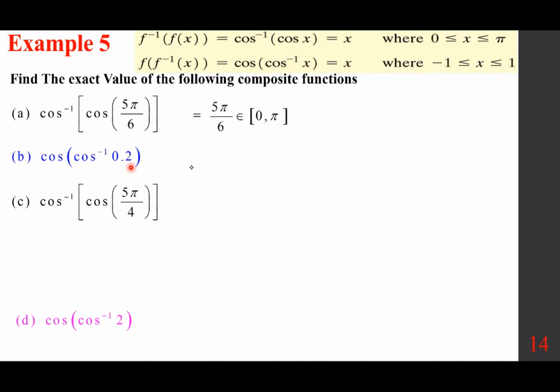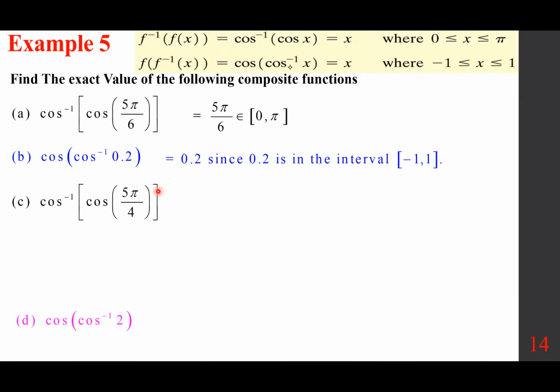Point 2, the same thing. In this case, point 2 is between -1 and 1, so the answer is point 2. Is it between -1 and 1? Yes, because it is. F of F inverse is x. Done. So A and B, pretty straightforward.